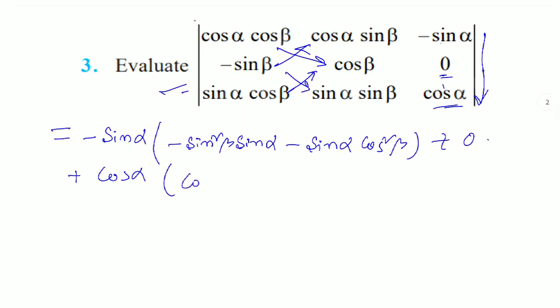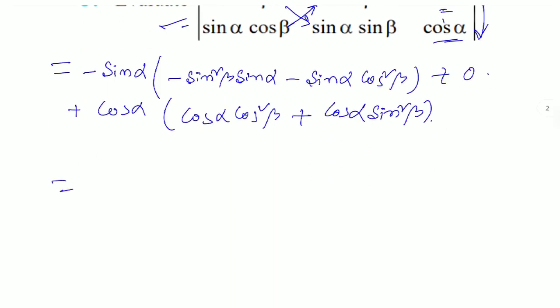So we'll have cos alpha cos square beta minus minus plus cos alpha sine square beta, right? Here take this minus out of the bracket, so that we get sine alpha, and also take sine alpha as common.